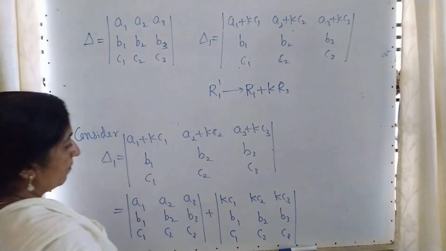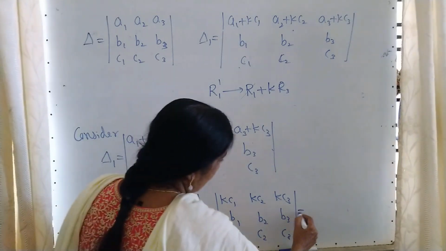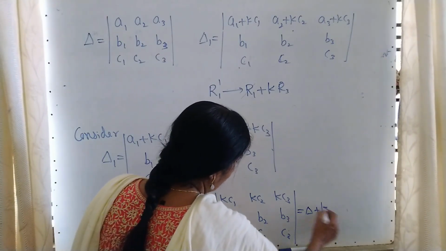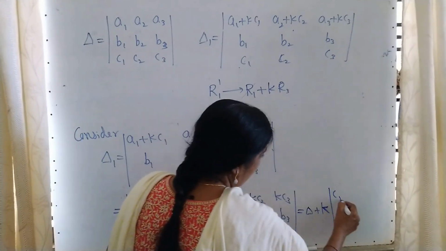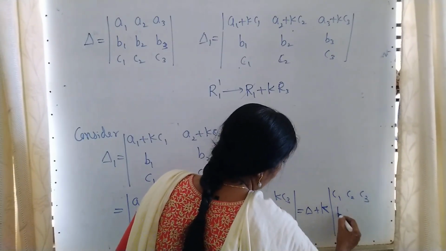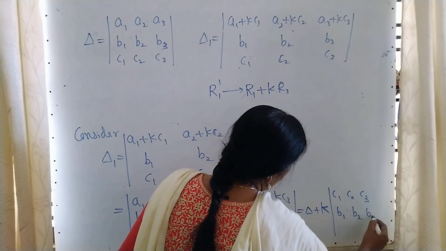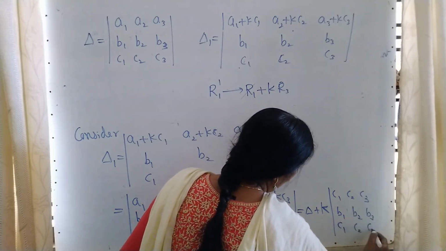The first one is delta, and what about the second? In the second I am taking K common from the first row. This is C1, C2, C3, this is B1, B2, B3, again C1, C2, C3.